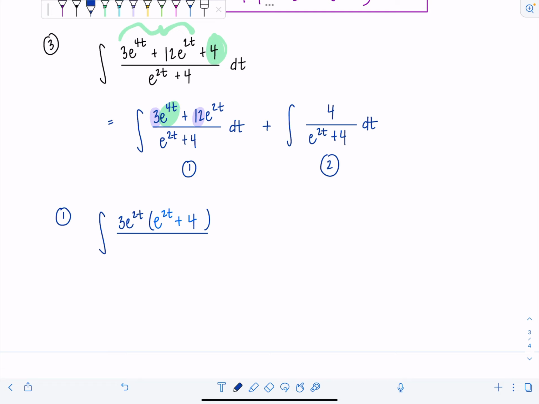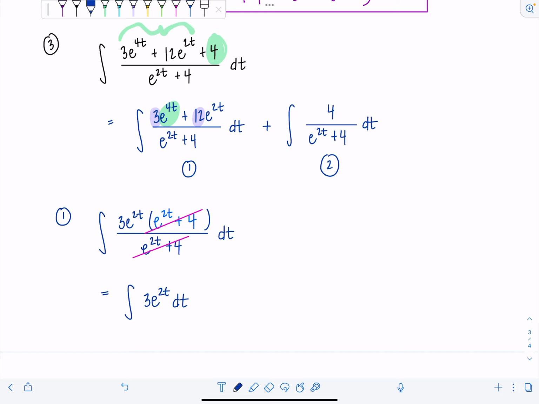And then in the denominator, we still have that e to the 2t plus 4 dt. Oh my goodness, do you notice something? I'm excited. Look at this. E to the 2t plus 4 gone. Bam, bam. And then now we're just left with integral 3e to the 2t dt.